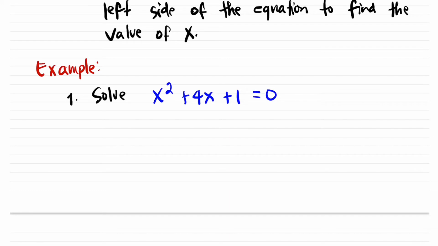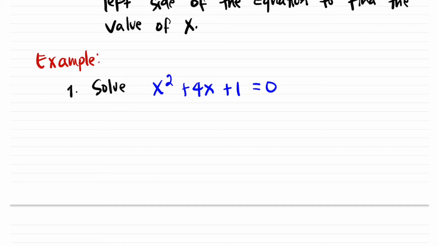Now we're trying to complete the square because we can't find any factors that would give us 4x in the middle with 1 as the third term. Alright, so now we follow the steps. Okay, we do step 1. This step 1 will not be applied here because there is no coefficient for x squared, so we skip step 1.